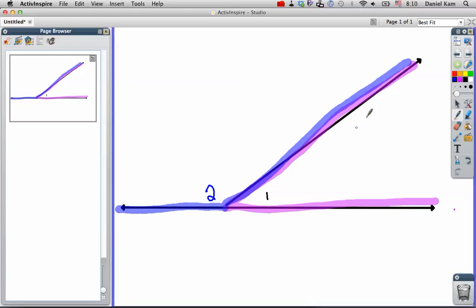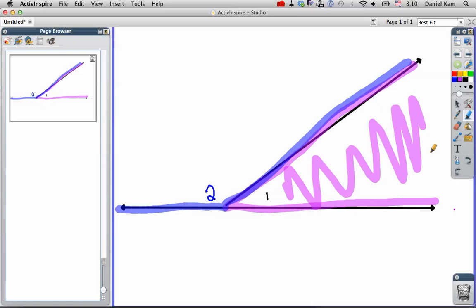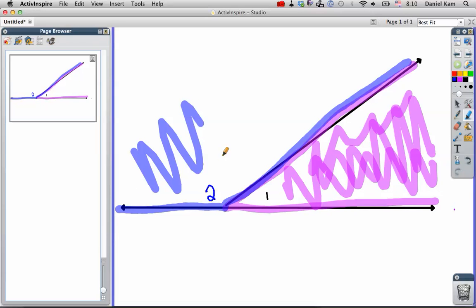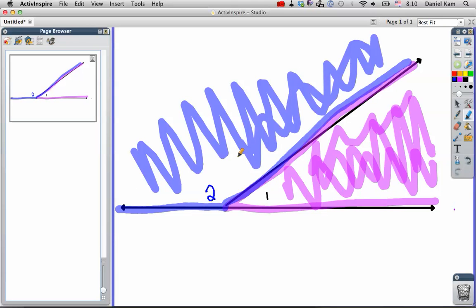Now we know that if I were to highlight all the empty space here, this angle right here takes up all of this space, and this angle right here takes up all of this space. Together, these two angles take up all of the space above this line.